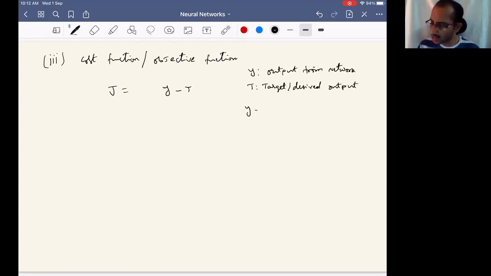In fact, Y can also be written as a function of X, W, and B, where W includes W and B. This is also a notation people use to relate Y and X.